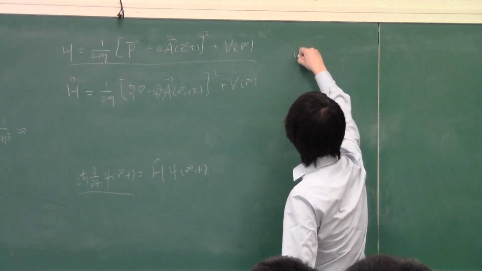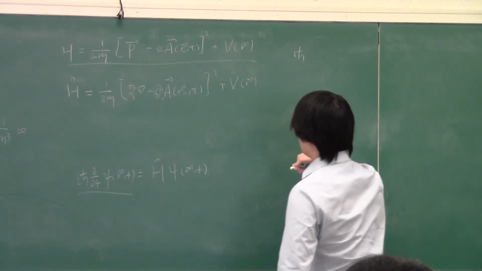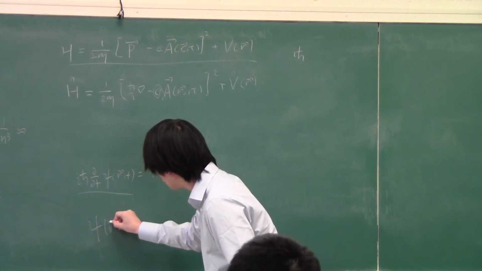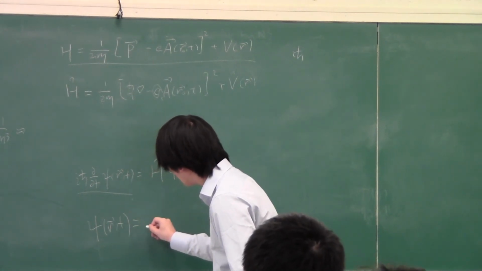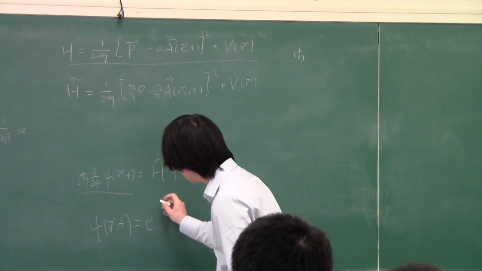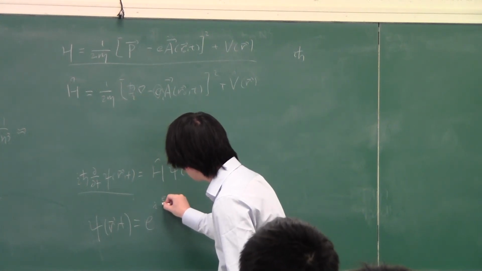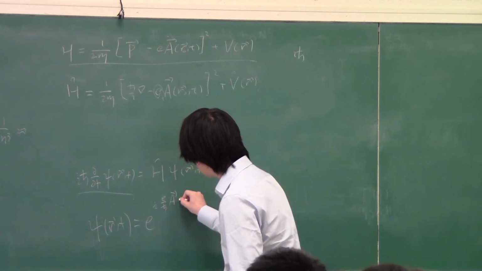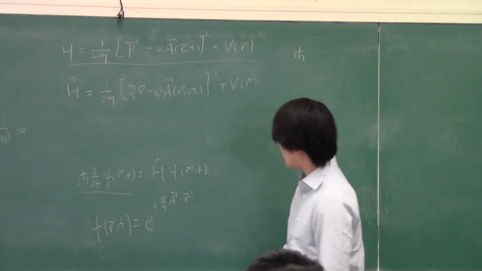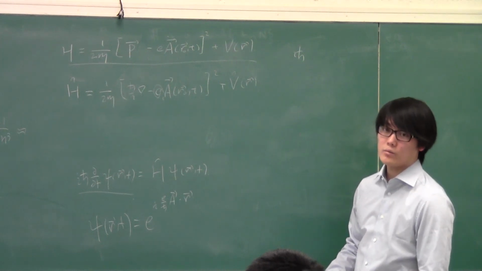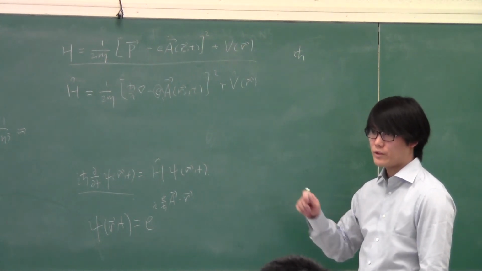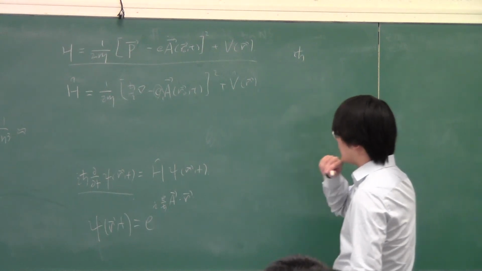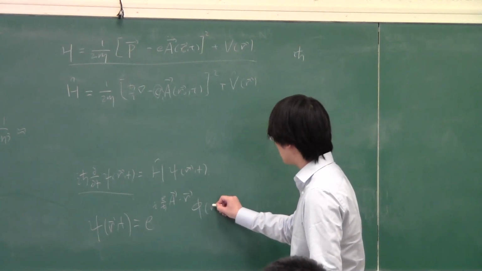So let me write i h bar. Okay. And let me repeat that. And remember, A is just a function of time, because we fixed the position to be at R0. Okay?